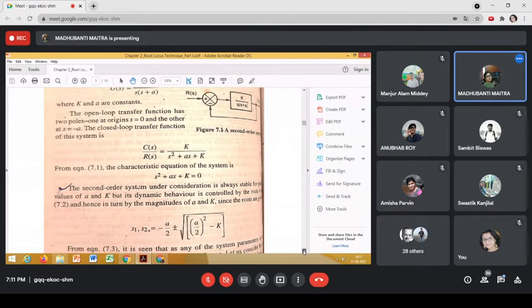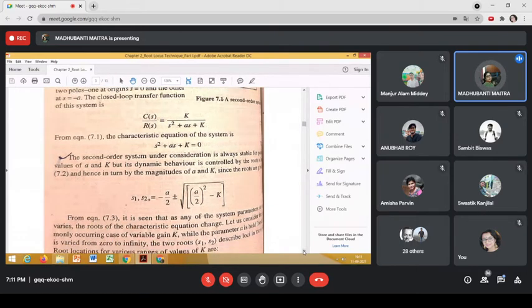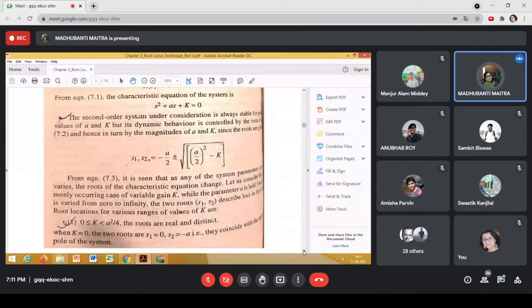Now, if we vary the value of gain K within this range, that means K greater than 0 and less than a square by 4, what will be the root locations? Or rather, first tell me what will be the nature of the two roots?